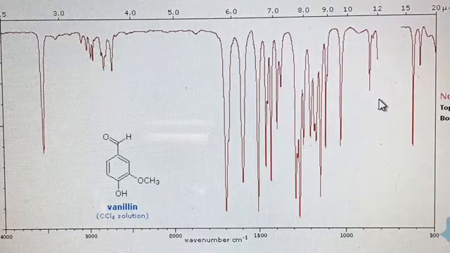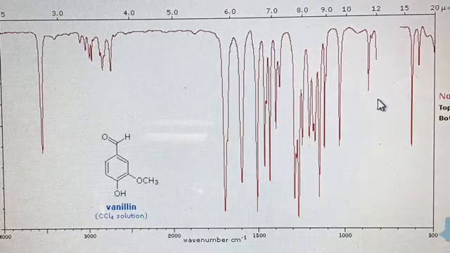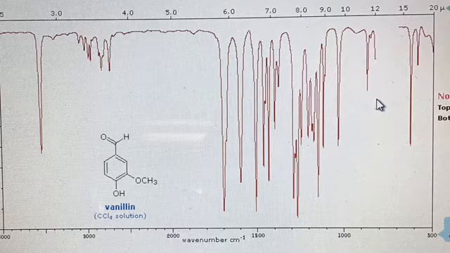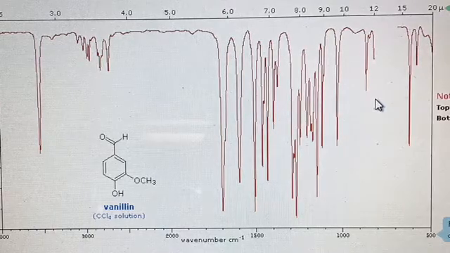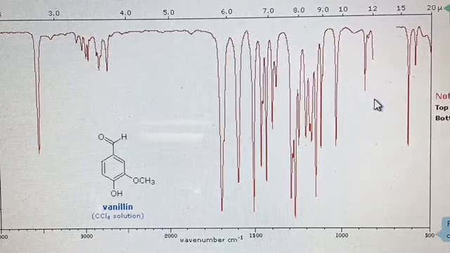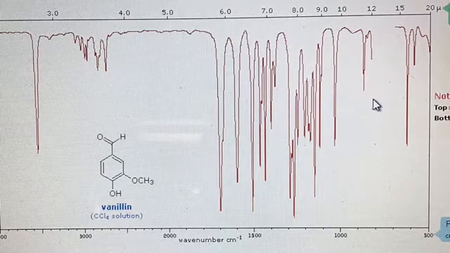The larger the peak, the less transmission occurs.